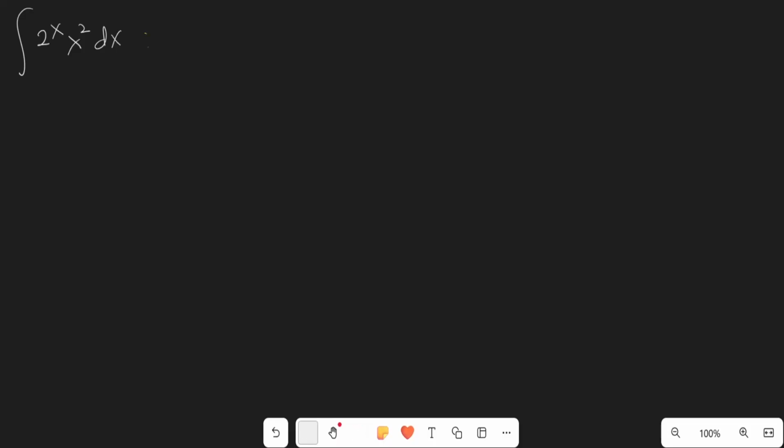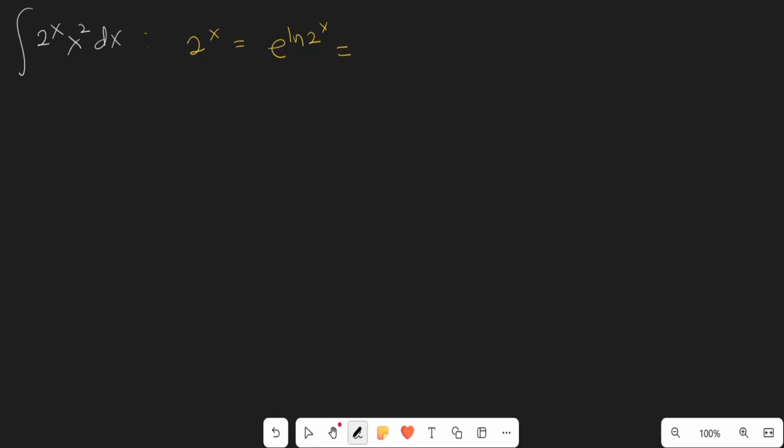So let's start off by recognizing that 2 to the x can also be written as e to the natural logarithm of 2, all raised to the power x. So 2 to the x is the same as e to the natural logarithm of 2 to the x. So we can replace that in our integral, but we can use the laws of logarithm here.